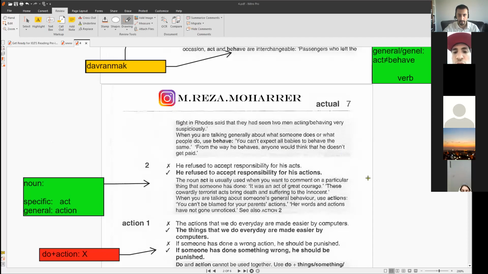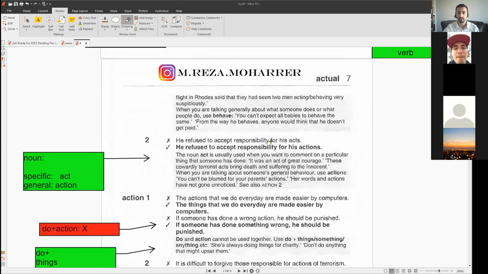From the way he behaves now, anyone would think that he doesn't get paid. All right. So in general situations, we use behave. Every baby, all the babies. Which baby? This baby, that baby. It's general. So whenever we use the general understanding, general concept, we use behave. But in specific, we can use act and also behave. All right. Thanks.